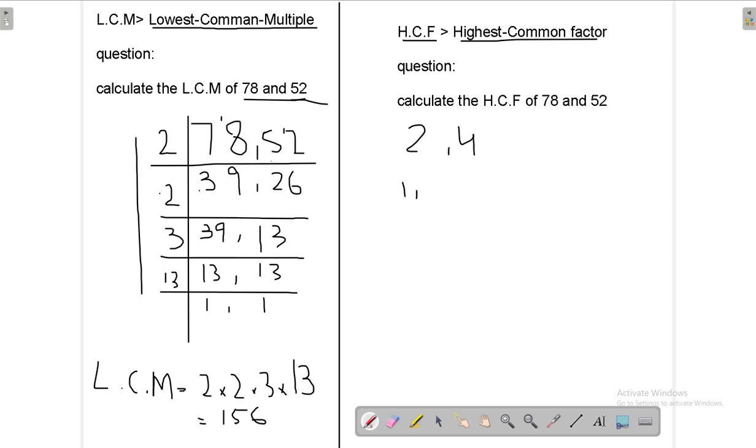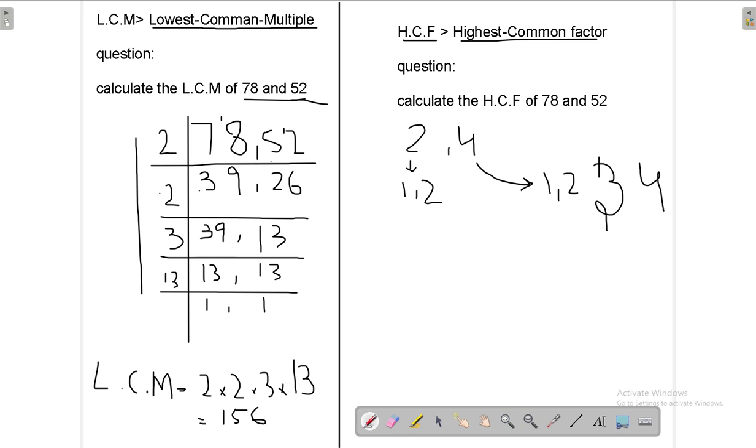It is actually 1 and 2, and think of the factors of 4. The factors of 4 are actually 1, 2, and 4 itself. So there are actually 3 factors.